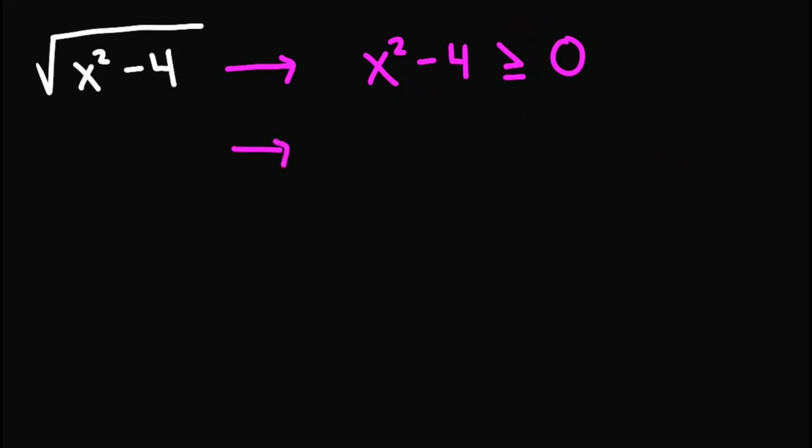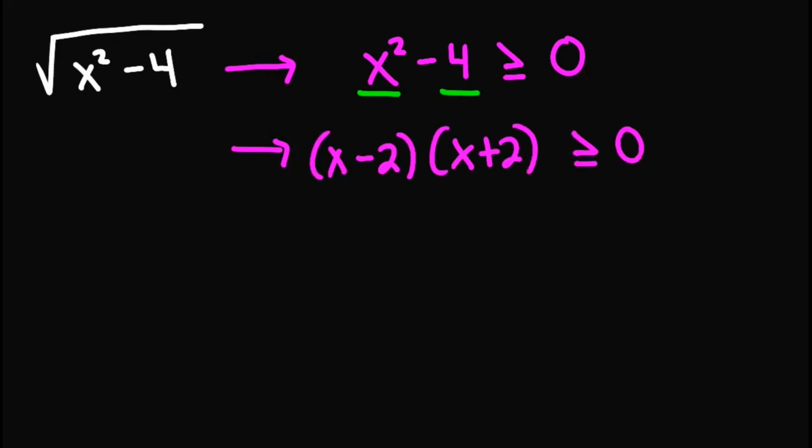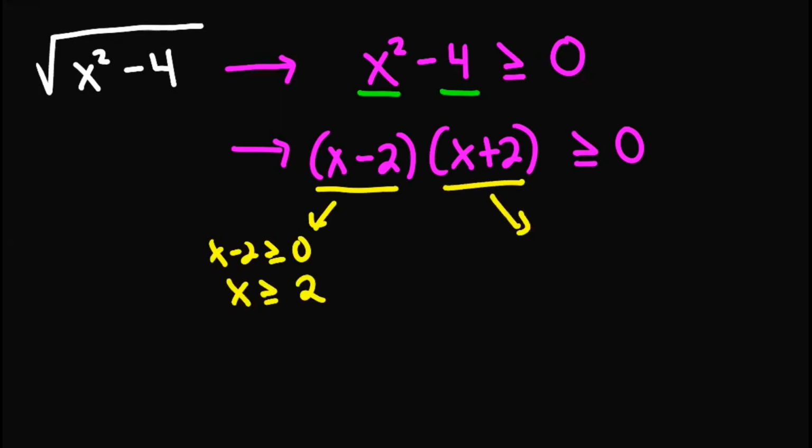So by difference of two squares, since this is a square and this one is a square as well, this factors into x minus 2 times x plus 2 greater than or equal to 0. And from here, if we treat this as equalities, then we'll have x minus 2 greater than or equal to 0, which will give us x greater than or equal to 2, and x plus 2 greater than or equal to 0, which will give us x greater than or equal to negative 2.